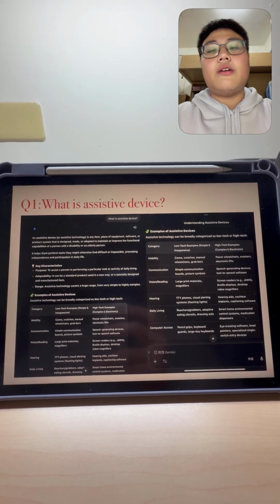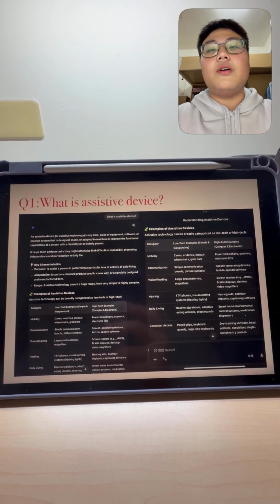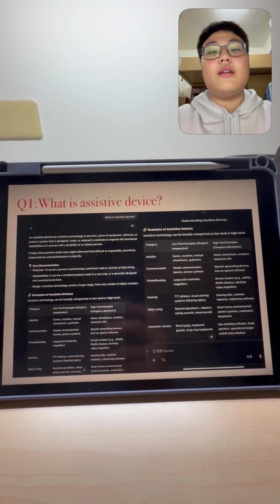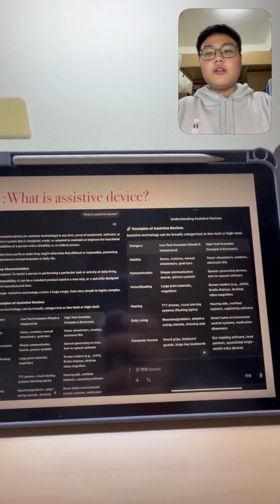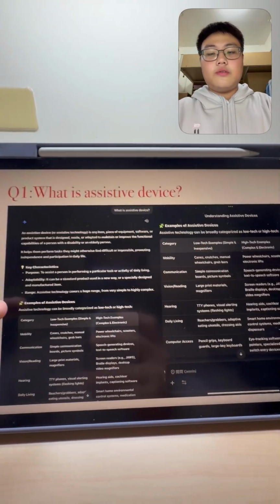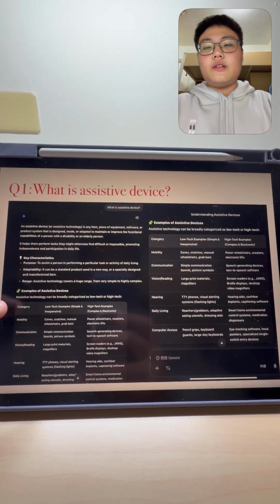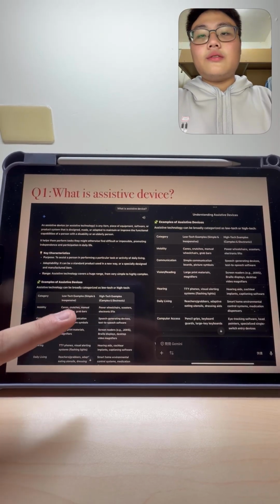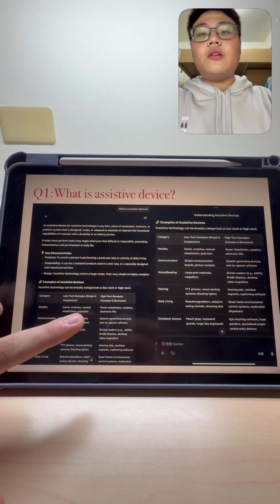The key characteristic is to assist a person in performing a practical task or activity for daily living. Here are some examples of assistive devices, like crutches, a manual wheelchair, and grab bars.